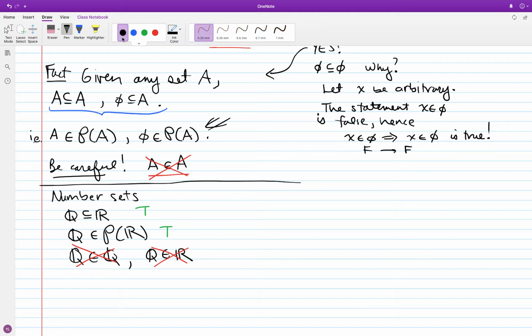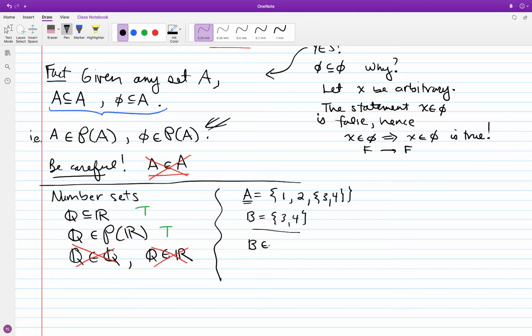That's not to say that sets can't have other sets as elements. Like if I let the set A be 1, 2, and the set that has 3 and 4 in it, and I let B be the set 3, 4, then this is a set of numbers. This is a set that has some numbers and a set in it.